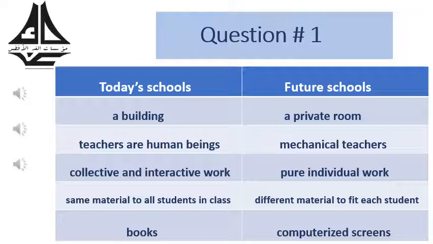As you see, for example, Margie, she was 11, so she was given material according to her age or to her level. Finally, today we use books, but in the future, computers will be used. Okay, today we also use computers, but mostly books. But in the future, there will be computerized screens.